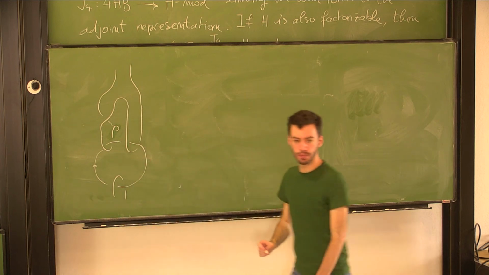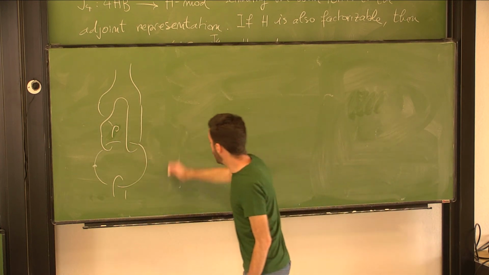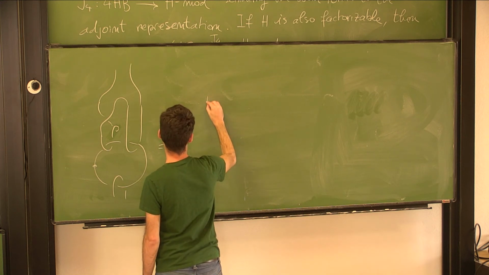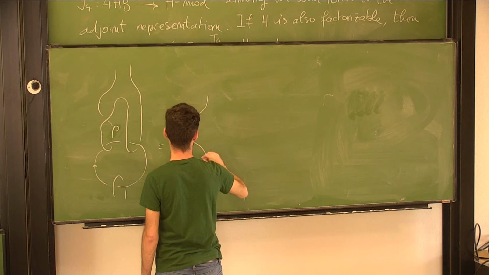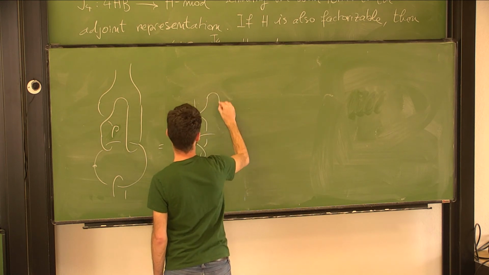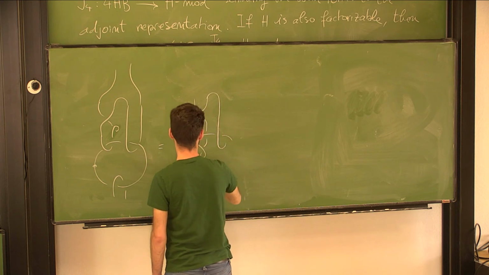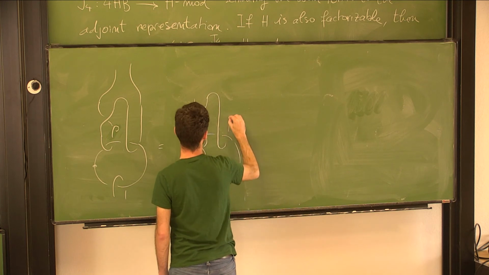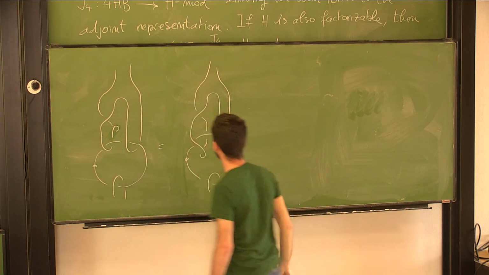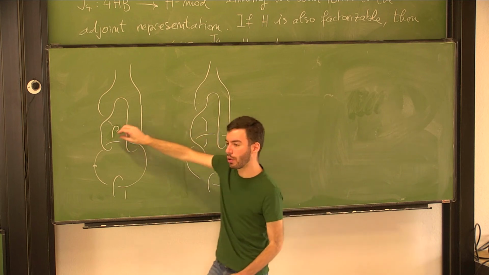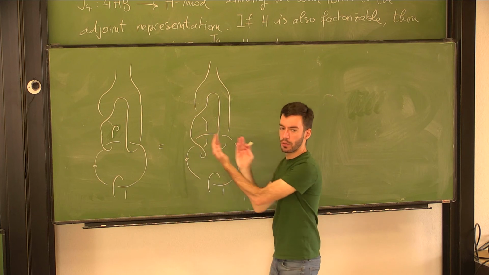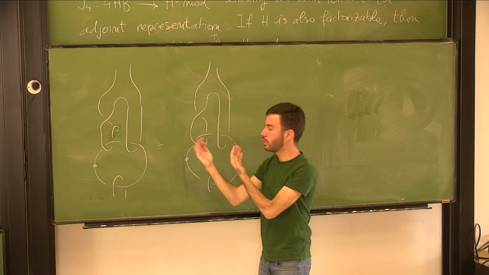So we start from this one, and then we do just an isotopy. What I did here is I brought this little curve down, and now I can do a Reidemeister 2 move here.